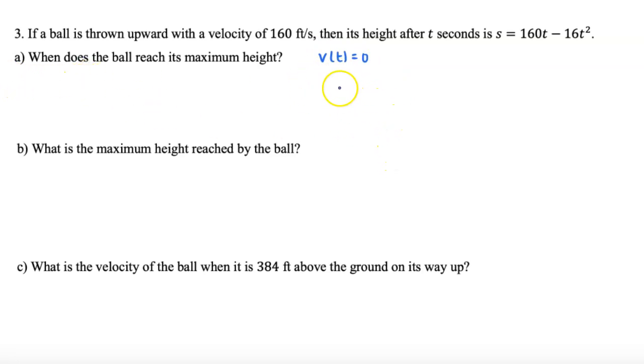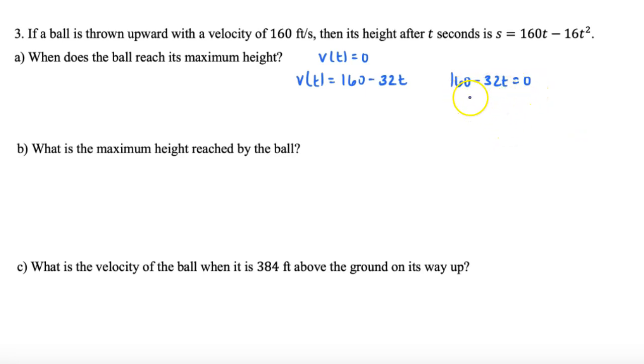So I need to find that velocity, and the velocity function I can find by taking the derivative of position. Derivative of 160t is 160. Derivative of negative 16t squared is negative 32t. And so now I'm setting this equal to 0. So I've got 160 minus 32t equals 0. I want to solve for t.